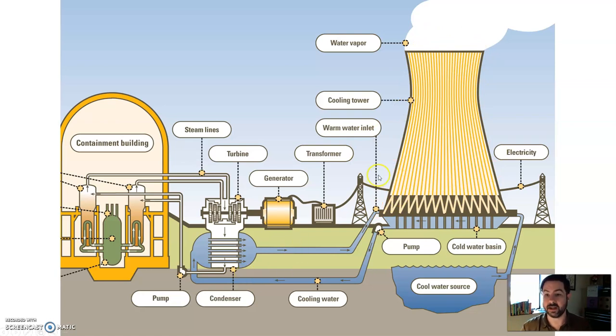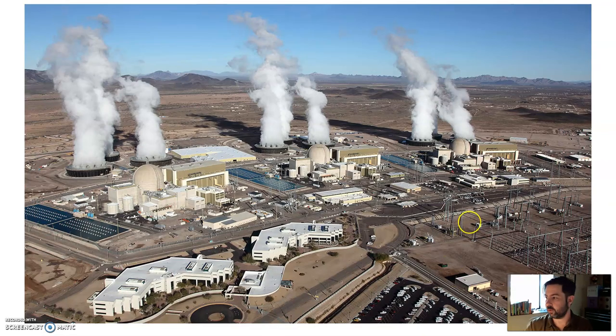That's where they send just the hot water to cool down. That water is then recycled back into the system. Some of that water is lost as water vapor, as steam. So nuclear power plants also need a decent amount of water. While they're relatively clean, unless a major issue happens, it does require a lot of water.